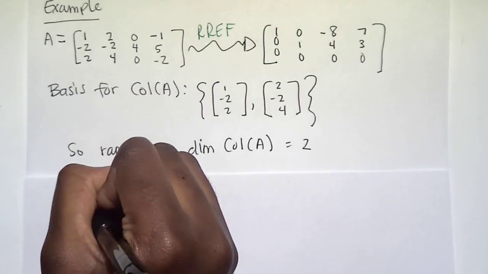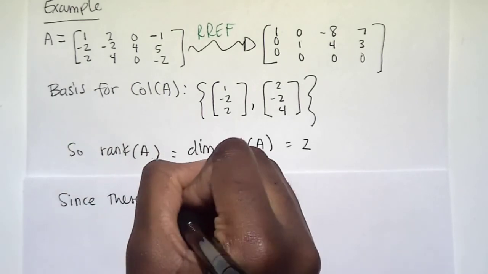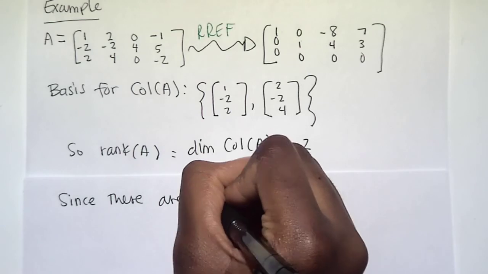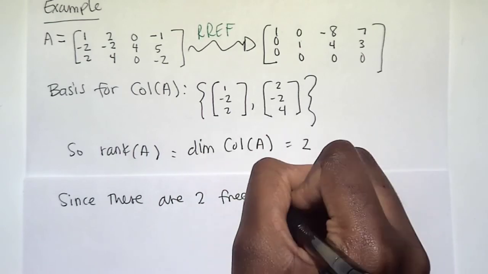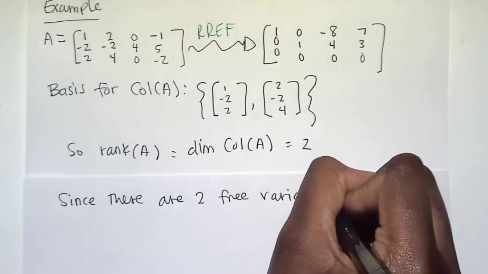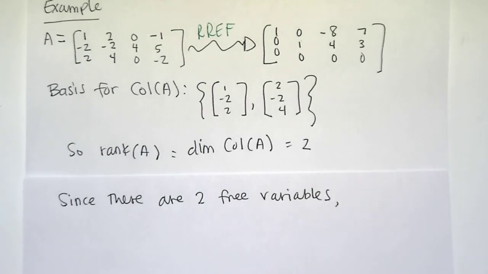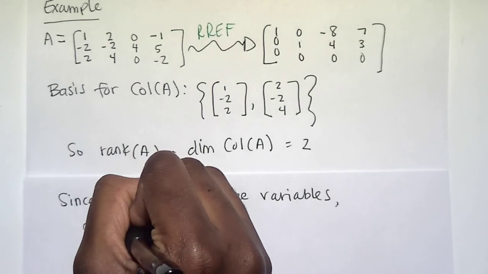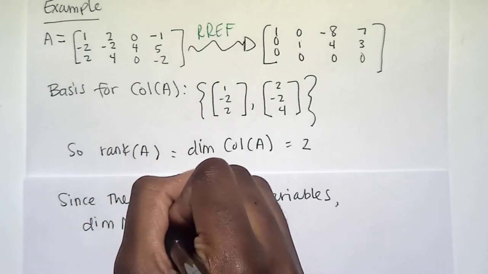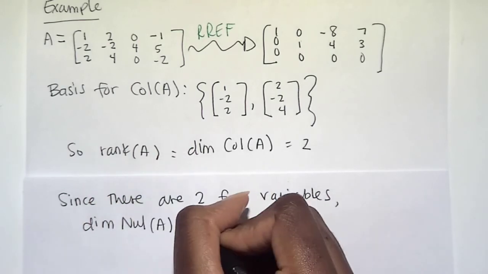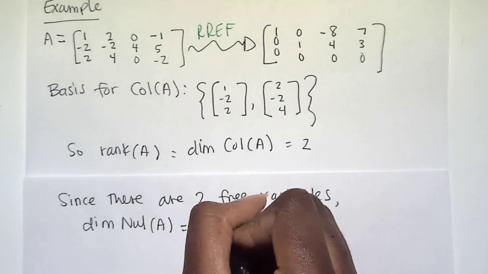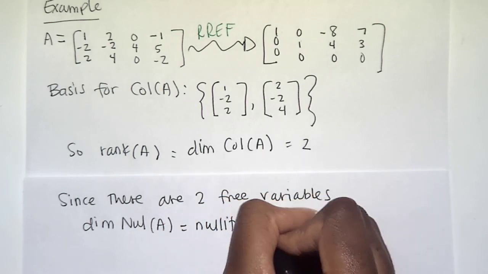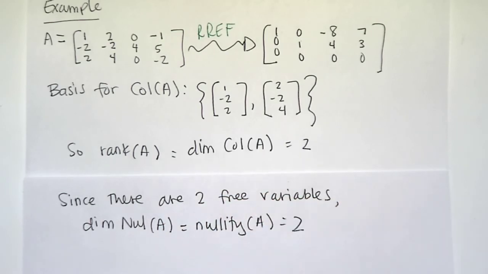I'm going to say since there are 2 free variables, the dimension of our null space, also known as our nullity, is 2.